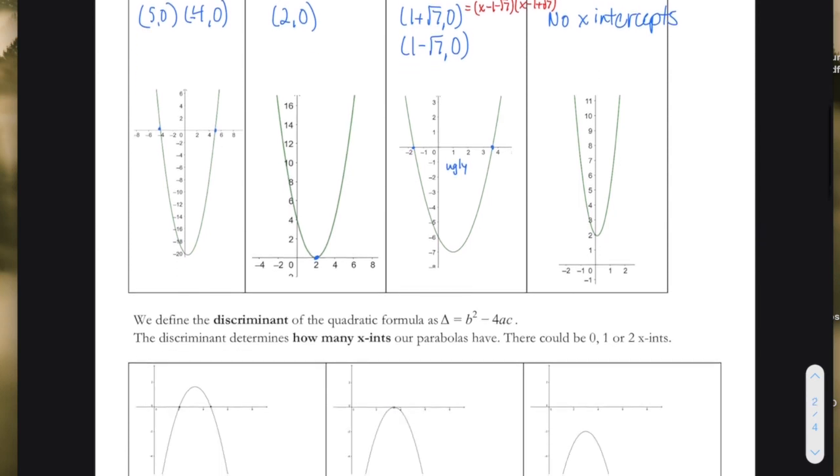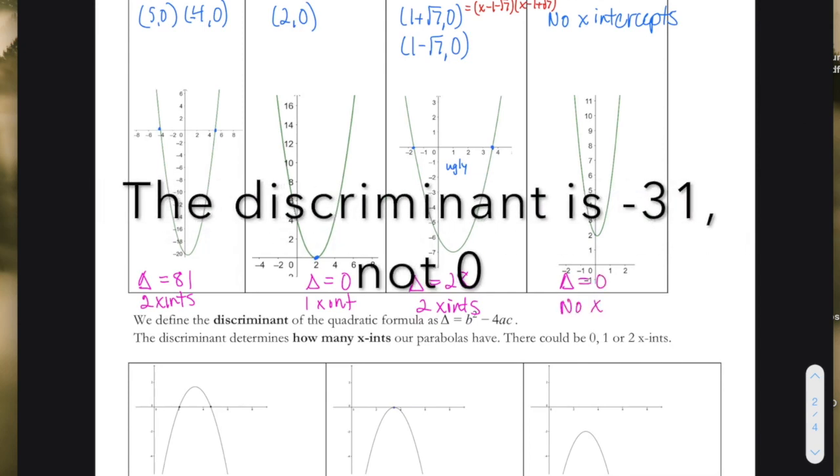So let's reiterate: our discriminant is 81, 2 x-intercepts. Our discriminant is 0, 1 x-intercept. Our discriminant here is 28, 2 x-intercepts. And here our discriminant is negative 31, and we have no x-intercepts.